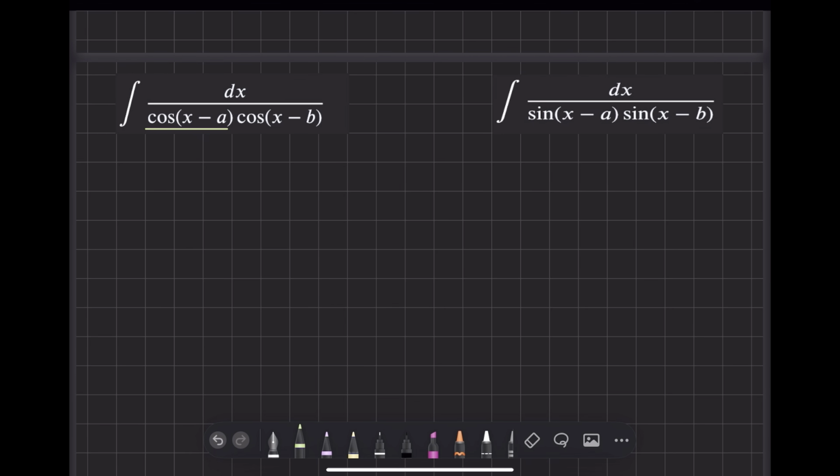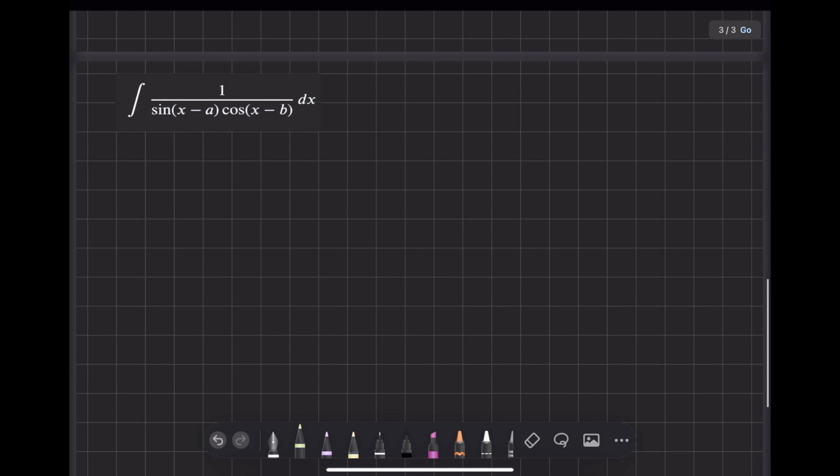Look at this. They have used cos and here they have used sine. Correct? So if we have two things on the denominator, if both are same, then how will we respond? If both are different, then how will we respond?